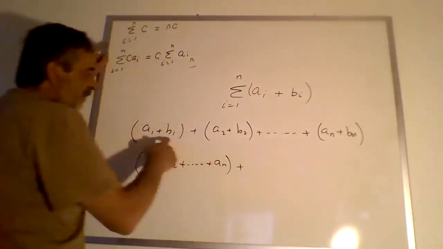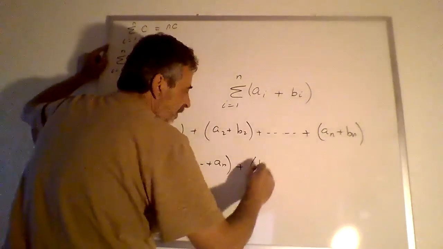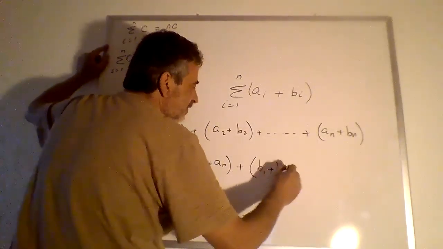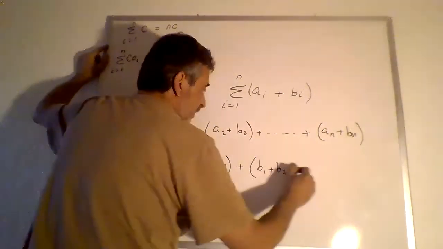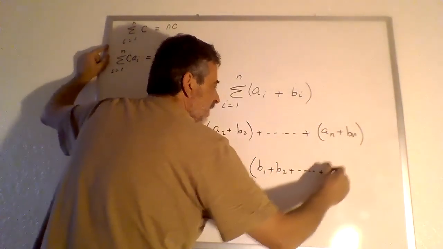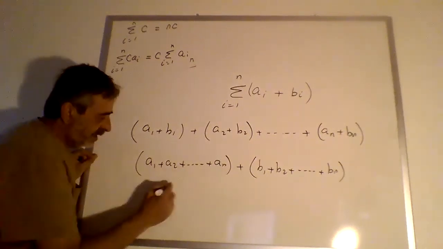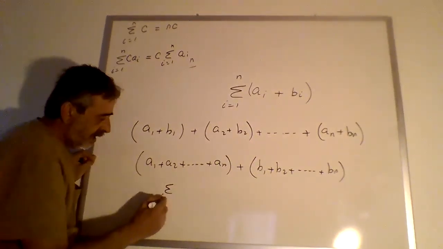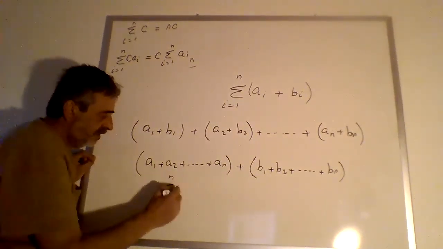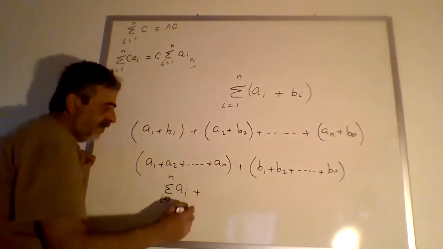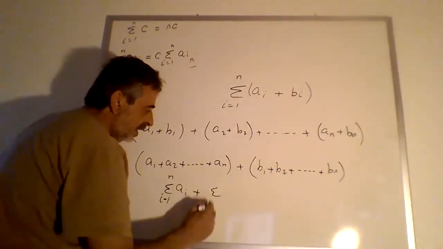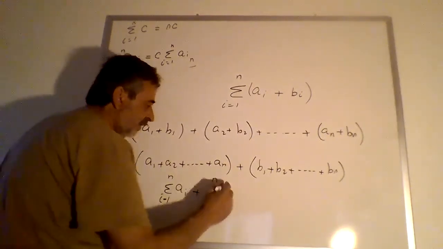Plus, we're going to put all the b's together: b_1 plus b_2 plus b_n. So now we can see that this is nothing more than summation i equal 1 to n of a_i plus summation i equal 1 to n of b_i.